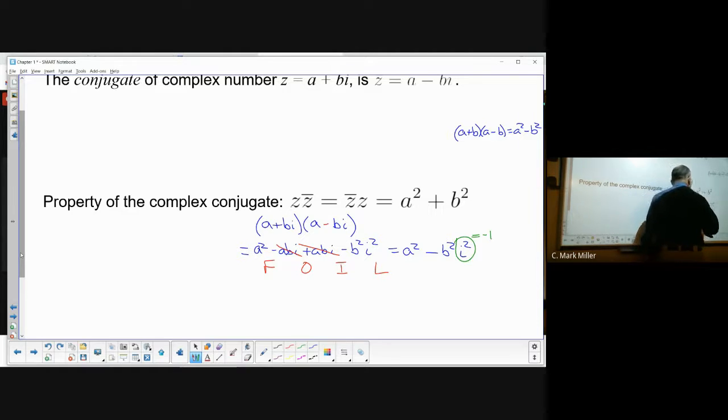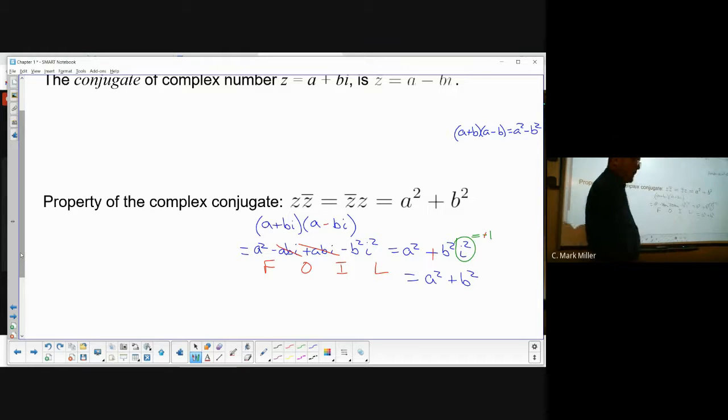And so that gives us our a squared plus b squared, because this minus here cancels with that minus there. Minus signs cancel in pairs when you multiply, right? Okay? That is why this is true.